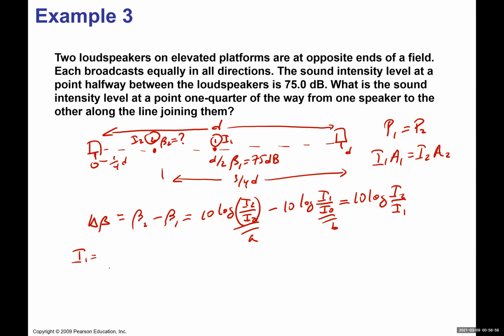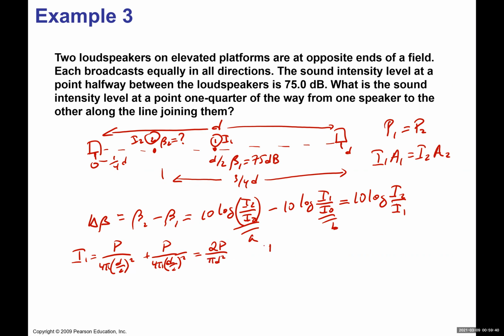I1 equals P over 4 pi (D over 2) squared plus P over 4 pi (D over 2) squared, from each speaker. At point 1, both speakers send a wave, and this is the intensity of both waves reaching that point. Combining those two, we get 2P over pi D squared.